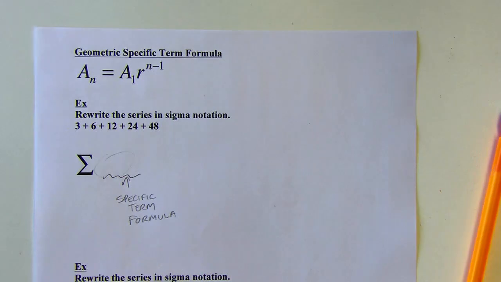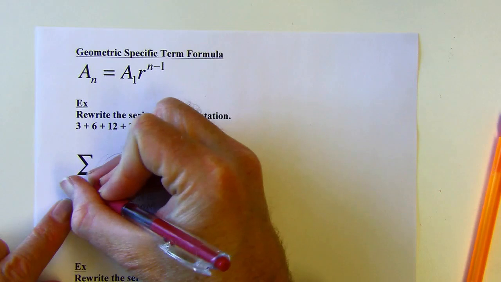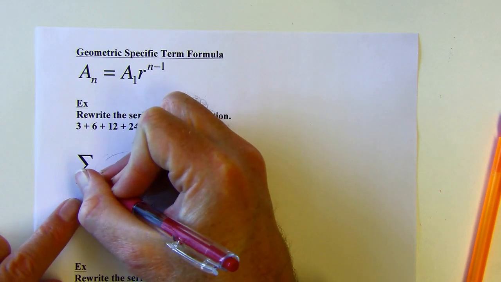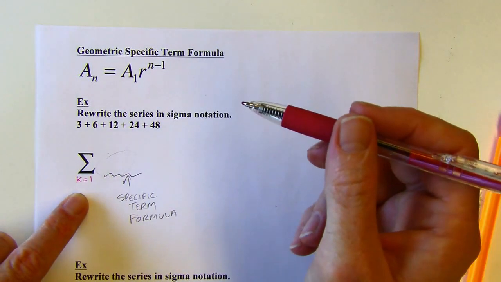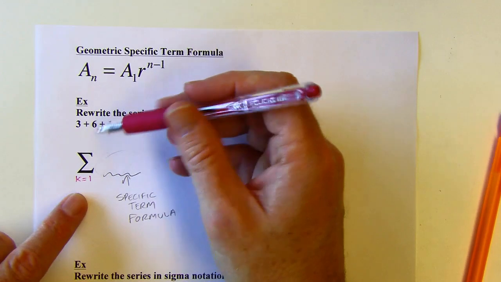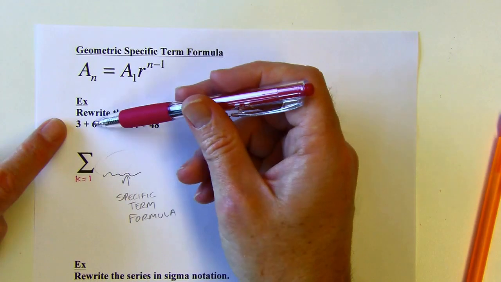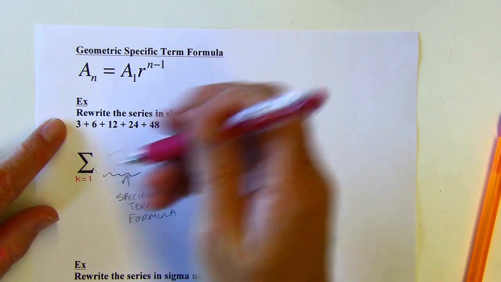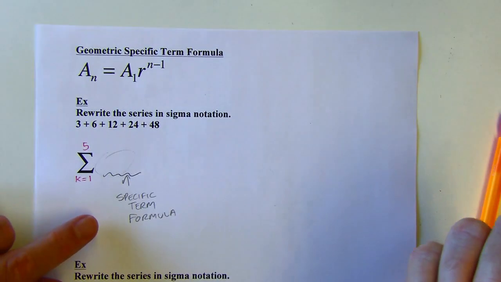Okay, so before we get to that though, I want to always start, it's easier, you can start by plugging something else in, but it's easiest if you start by plugging in a 1 for k into your specific formula, okay? And then to figure out how far this is going to go, I just count up the amount of terms, 1, 2, 3, 4, 5. There's 5 terms, so I'm going to plug in 5 different things into my formula, so I'm just going to put a 5 up there, okay?